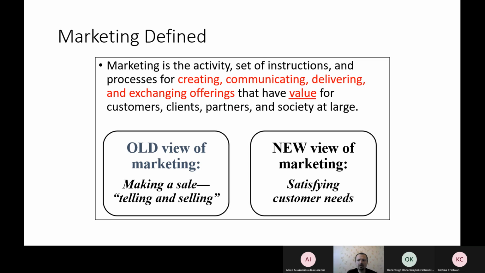Generally, if speaking about the main steps of marketing, marketing is not my course. That's why I'd like to discuss these issues very briefly.